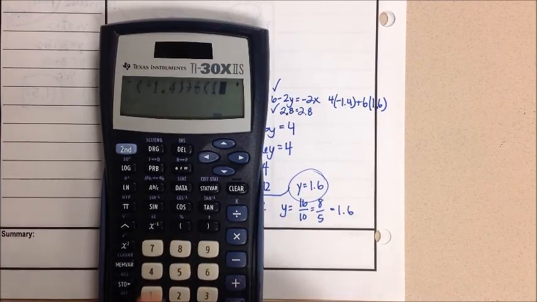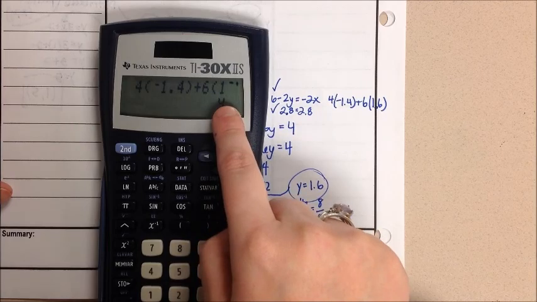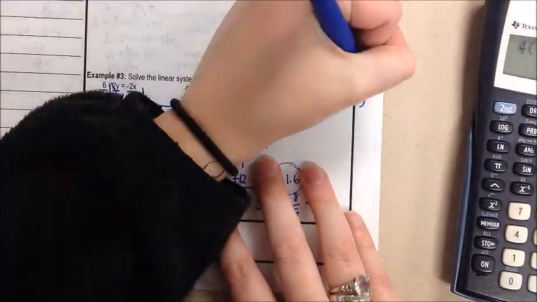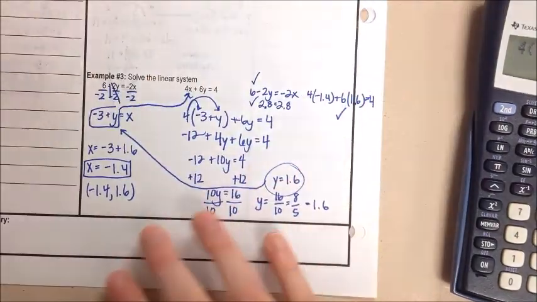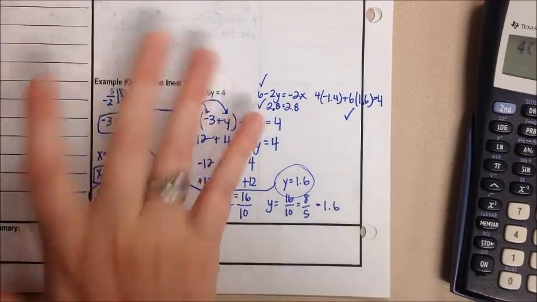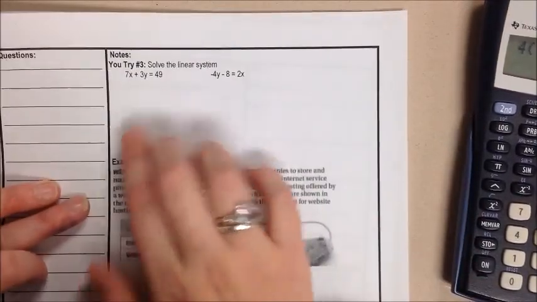Plus 6 times 1.6. Should give me 4. Did it give me 4? Yep. Okay, so it should have equaled 4, and that's what I got. Okay, so I know that one's right also. So that shows my answer is correct. Okay? Okay, go ahead and do this you try.